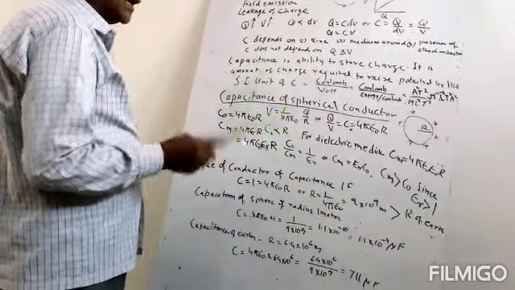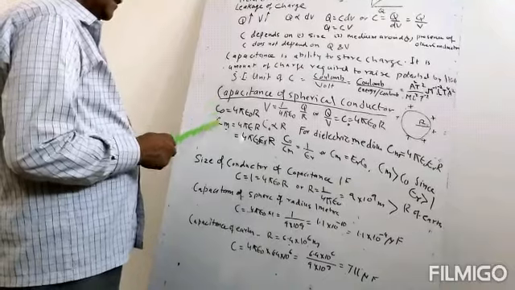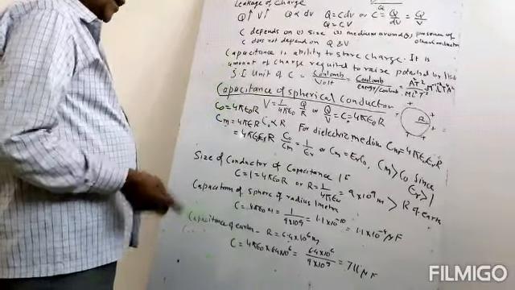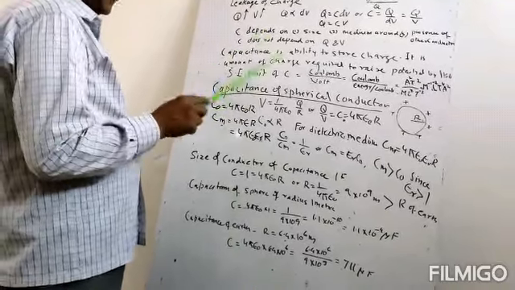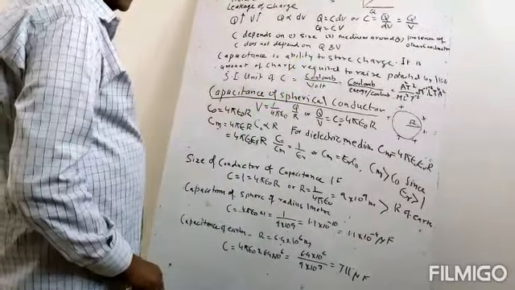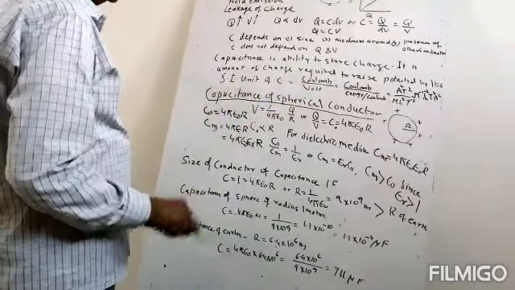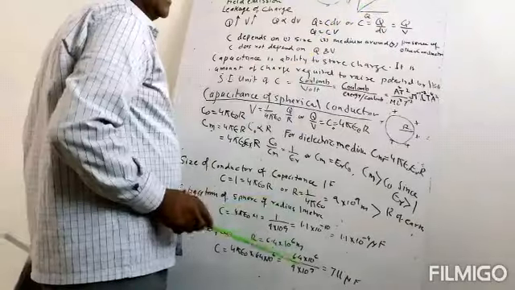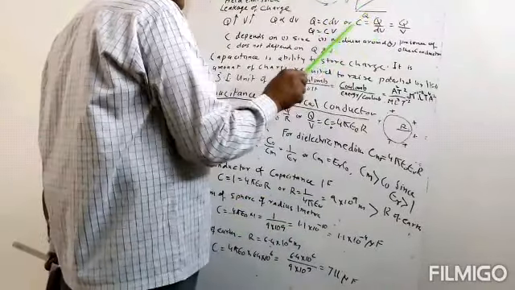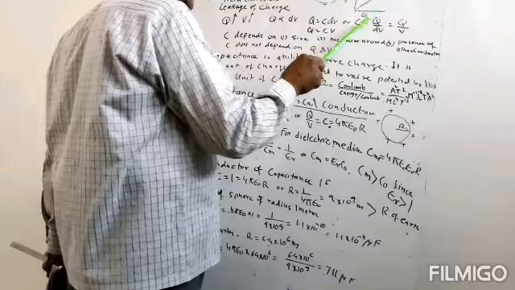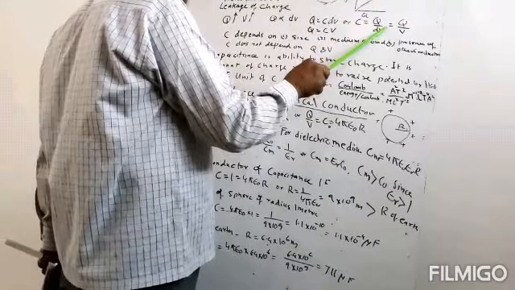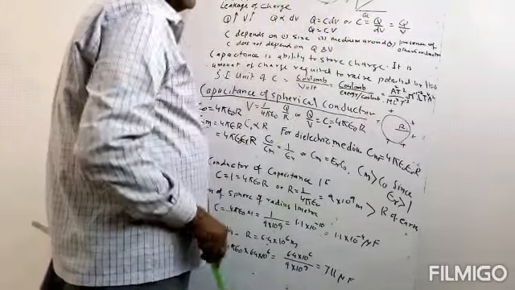So we have to take an alternate method to find a body whose capacitance is higher, and that can be done. We know that capacitance is equal to Q by V or Q by dV. If we take Q as constant and we decrease the V, then capacitance will increase.